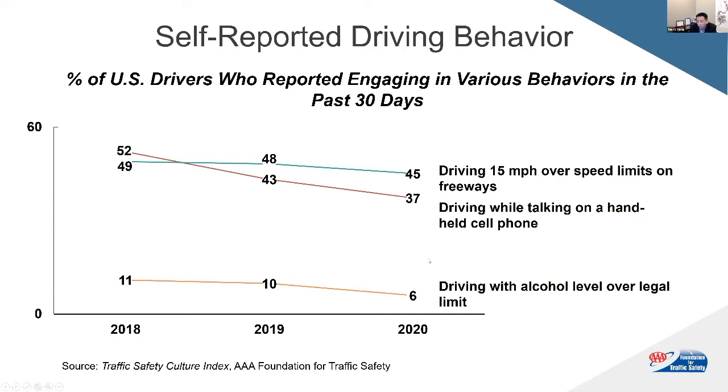I think one of the reasons for these drops, for cell phone use for example from 52% to 43% to 37%, is exposure, because not many people are on the road compared to the previous year. But look at speeding: even though it has dropped, it hasn't really dropped significantly.